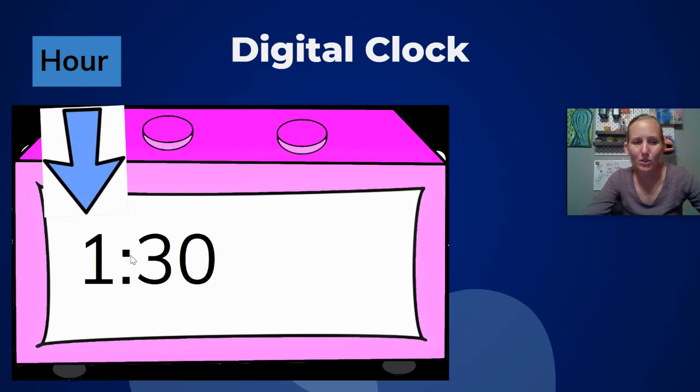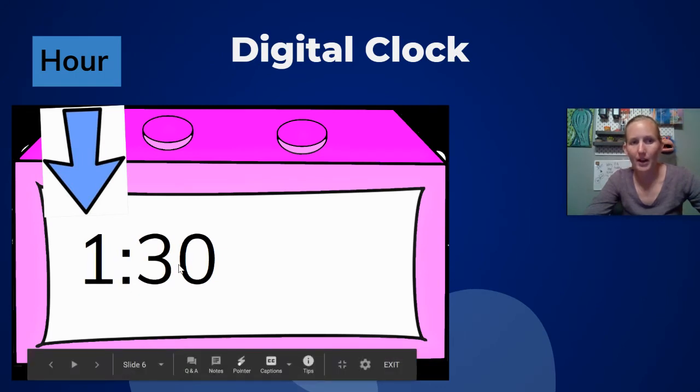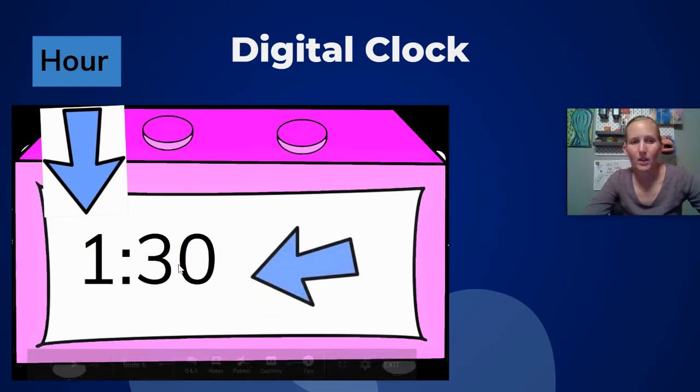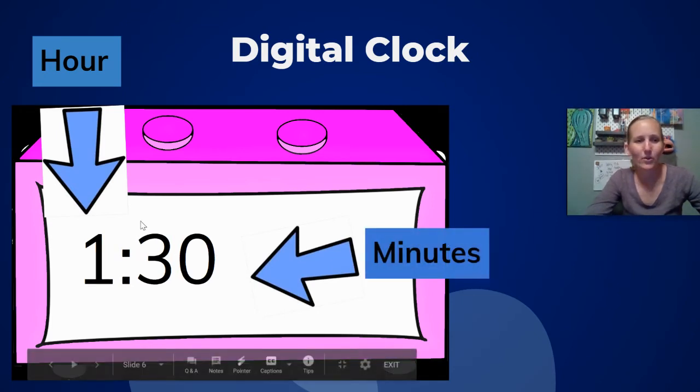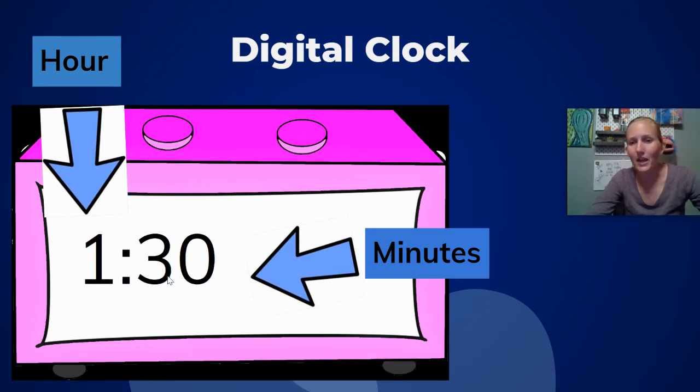The colon just separates the hour and the minutes. There are 60 minutes in an hour. Once it hits 59 and then goes to 60, it resets, so a new hour begins and the minutes start all over again.